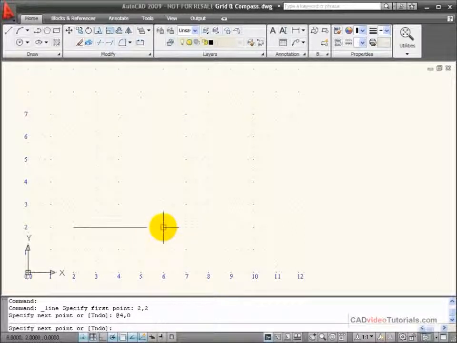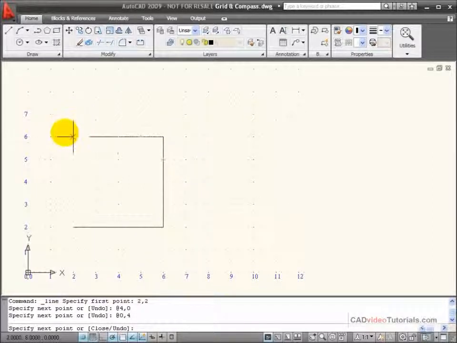And that's another way of picking that point relative to my last point. For my next line, I want to move 4 units on the y and no units on the x. So I would say @0,4, 0 units on the x, 4 units on the y, and I'm up at that point.